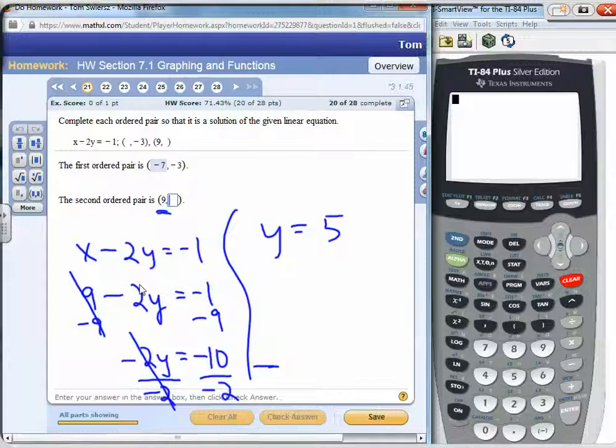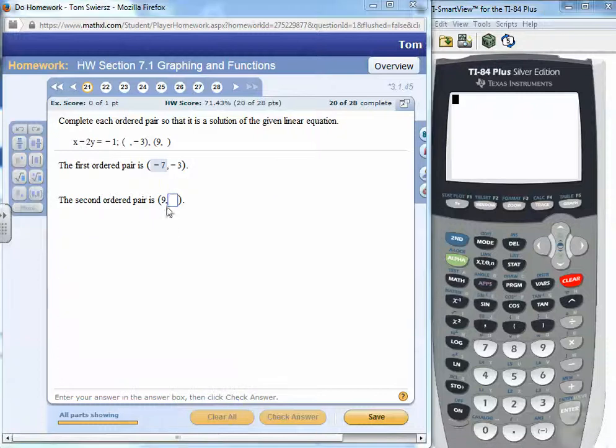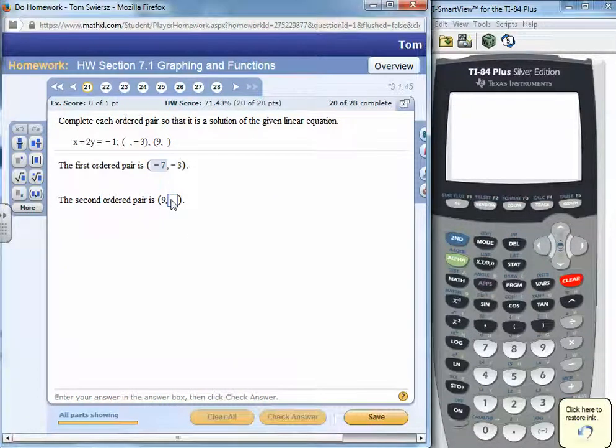So we get y is 5. So when the x value is 9, we did the algebra steps, we solved, and we got y is 5. That goes there to make it a correct ordered pair, to make both sides equal. So the y coordinate is 5.